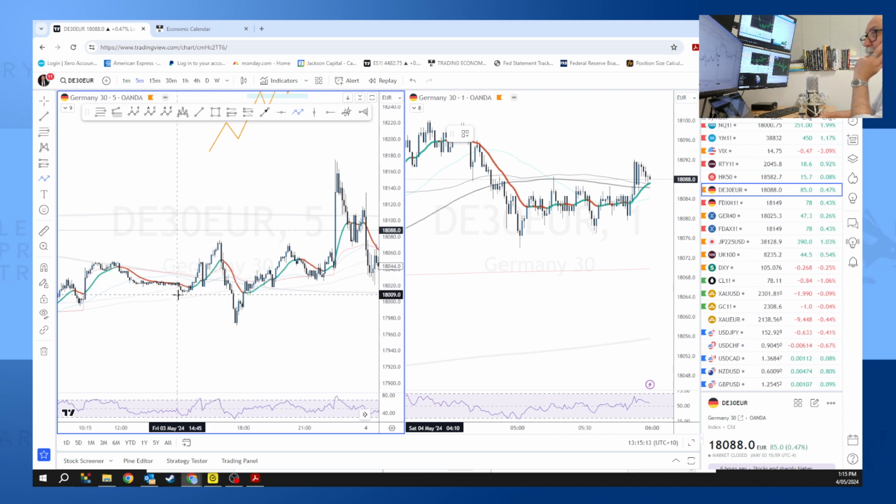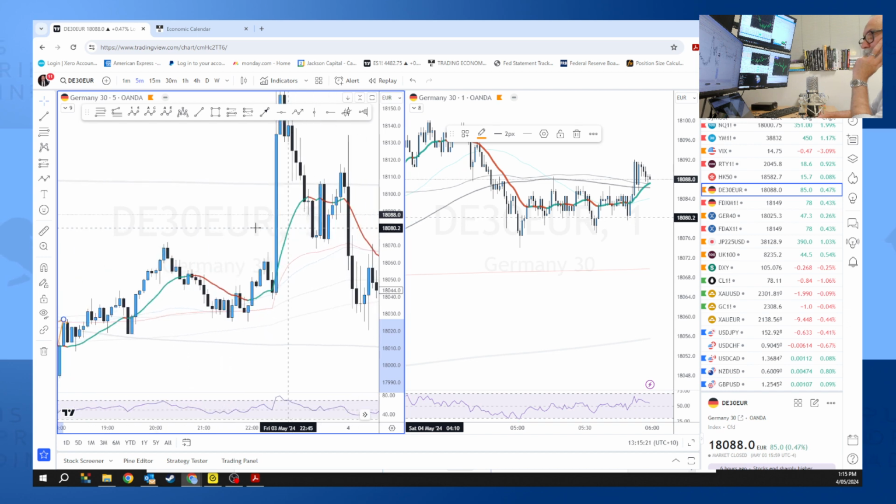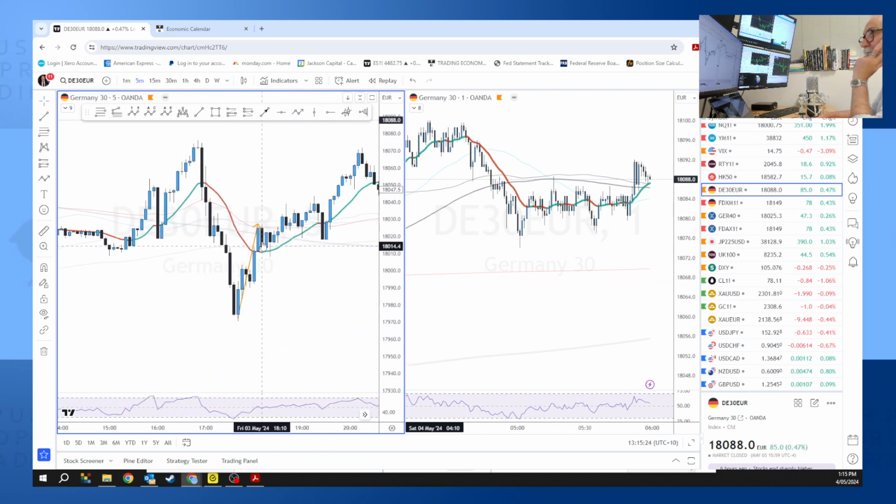What I tend to find is when we penetrate the regression line, we're going to have a pullback into the regression line. Hopefully you can all see that, let me zoom in. So there's plenty of time to take your trade.